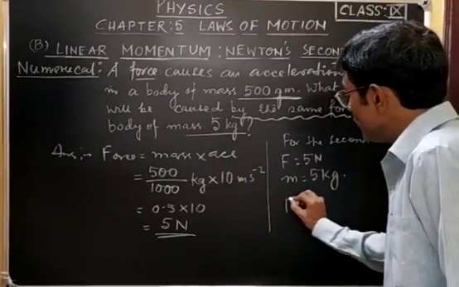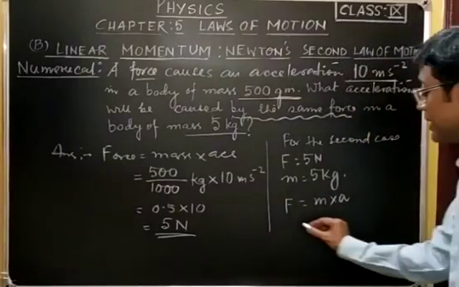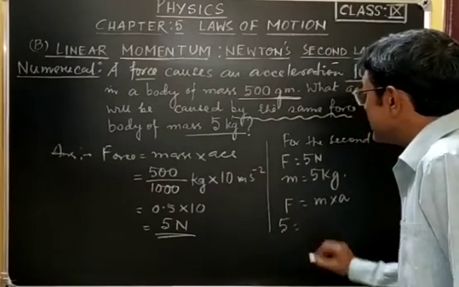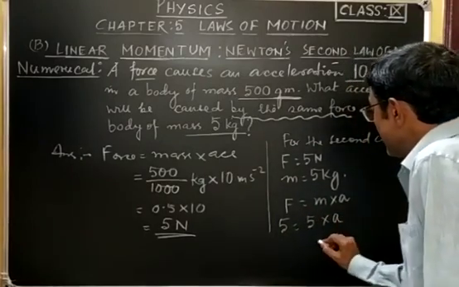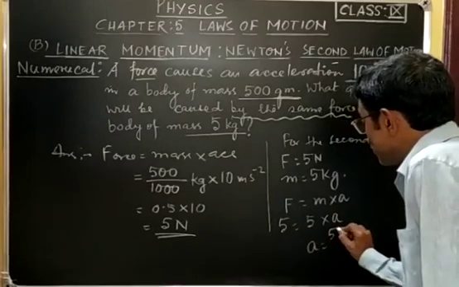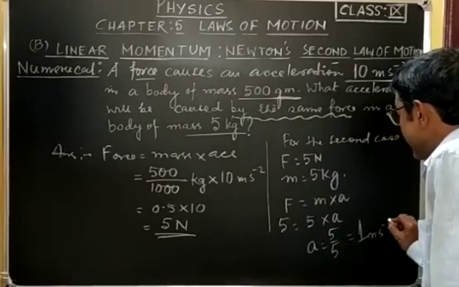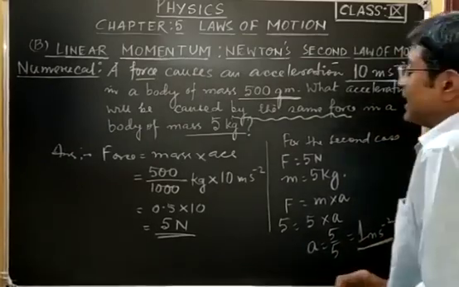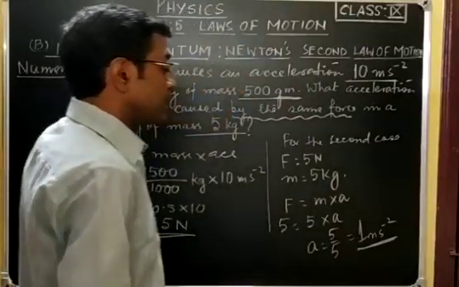So we will put that into the same relation. Force equals mass into acceleration. So 5 equals 5 kg into acceleration, and acceleration equals 5 by 5, that gives me 1 meter per second squared. So the acceleration produced in the second body will be 1 meter per second squared.